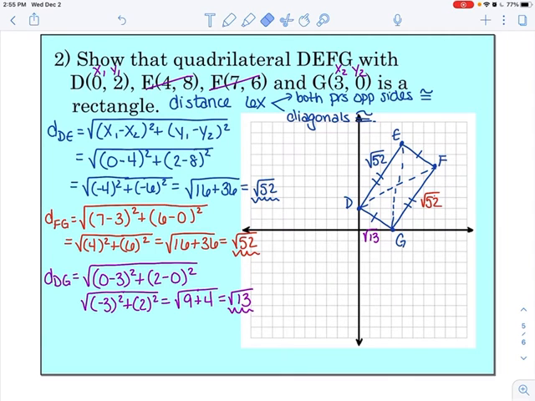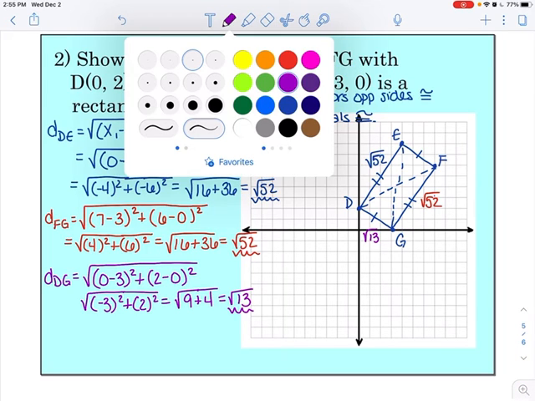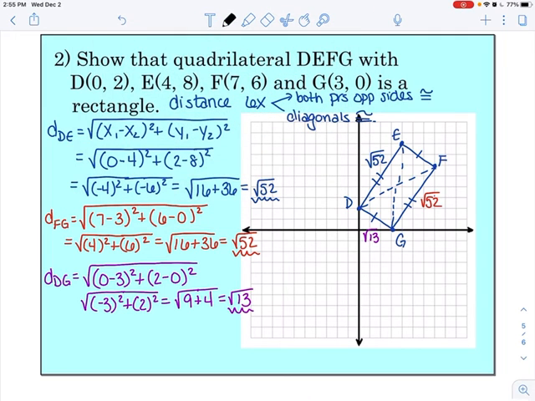Next thing that we have to find, let's find the side that's opposite that. Let's find EF. So again, with EF, I'm going to ignore the other coordinates. Running out of colors to use here. How about black? So I'm using E and F, and I'm ignoring D and G. So we'll do X1, Y1, X2, Y2.